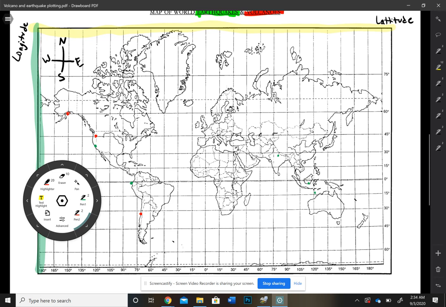15 north and 61 west. 15 north. 61 west.